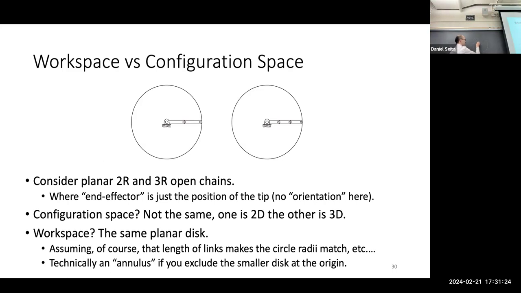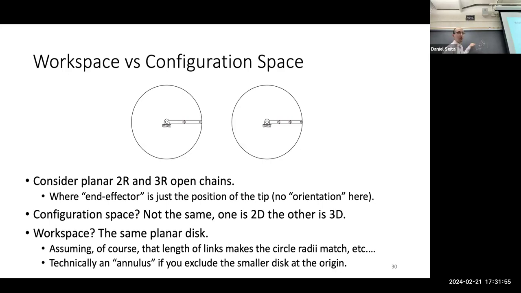So this annulus is the workspace for both of the robots. The reason is, if you have your robot here, you can have it looking like that, and then you can have it pointing here, and so this point is in the workspace. If you want to try another point, then you try this one, then you can have that.